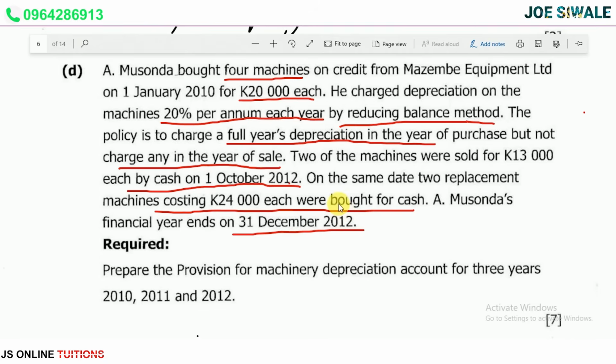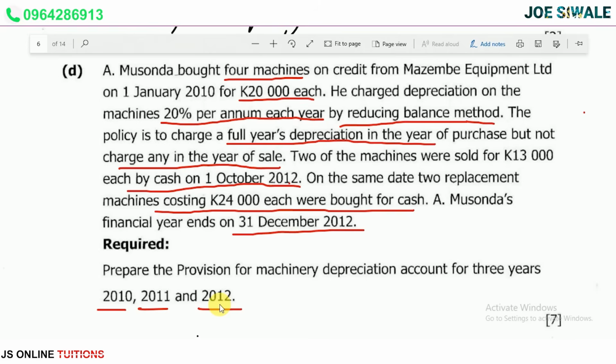Required, prepare the provision for machinery depreciation account for 3 years. So we have 2010, 2011, and 2012. There we're supposed to prepare the provision for machinery depreciation.